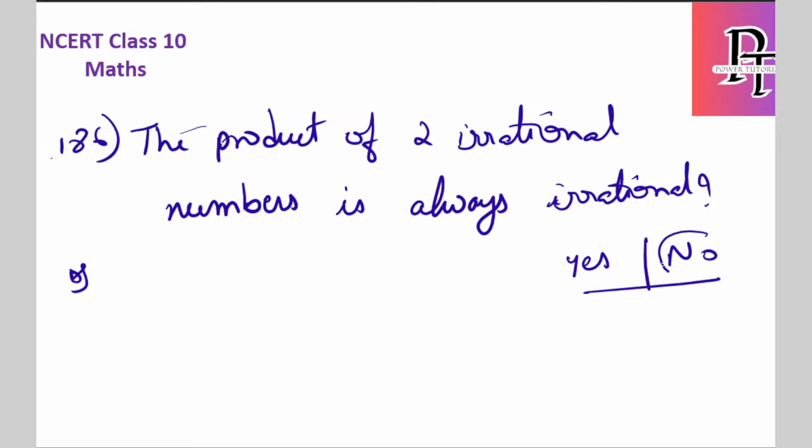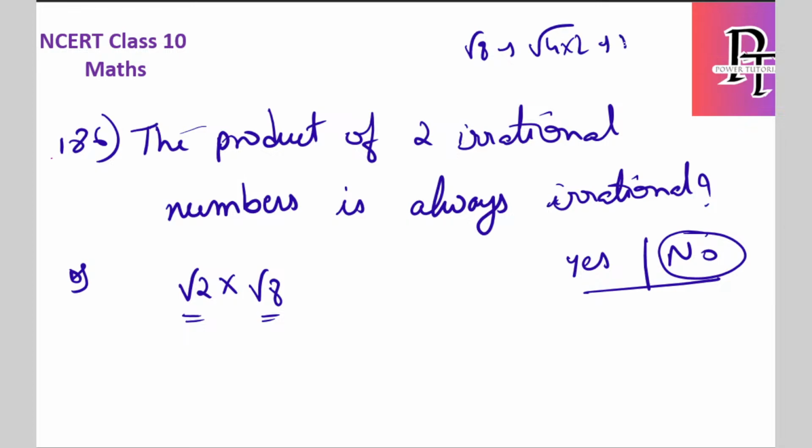It should be no, that is false. So why? Because there can be exceptions. For example, if I take root 2 into root 8, root 2 is irrational. Root 8 is also irrational, because root 8 I can write as root 4 into 2, which is 2 root 2, because root 4 value is 2.